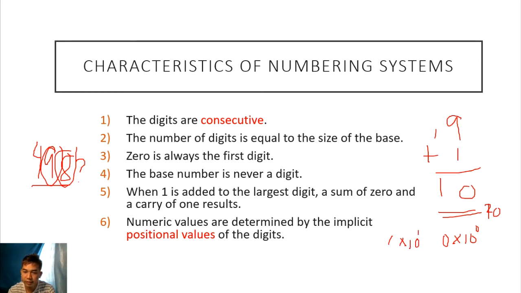So, ibig sabihin, 1 times 10 to the power of 1, that is 10. Then, this one, 0 times 10 to the power of 0, that is 0 times 1. I-add natin yan dyan. So, of course, any number multiplied by 0 is 0. So, ayan, that is equals to 10 also. So, that is true to all the number systems.